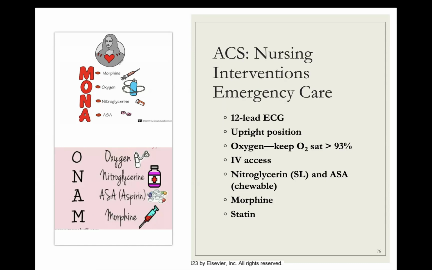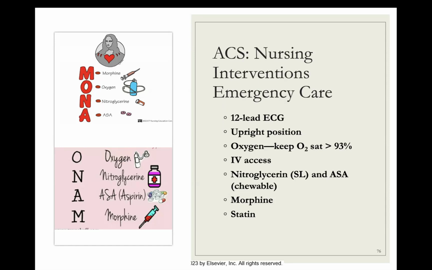I think I've mentioned this before, but you always want to get your 12 lead EKG before you give the patient the nitroglycerin, because dilating the coronary arteries with the nitroglycerin can mask ischemia or infarction on the EKG.